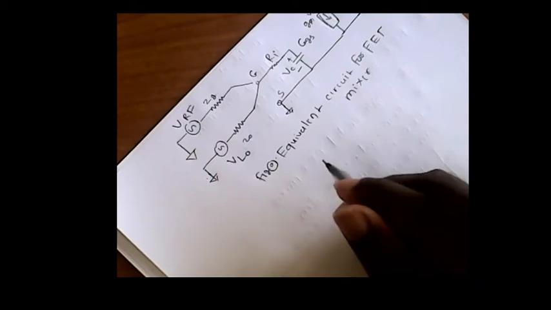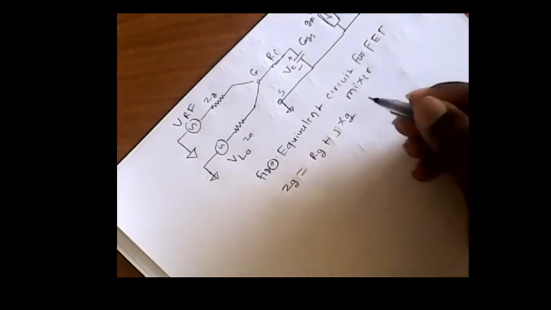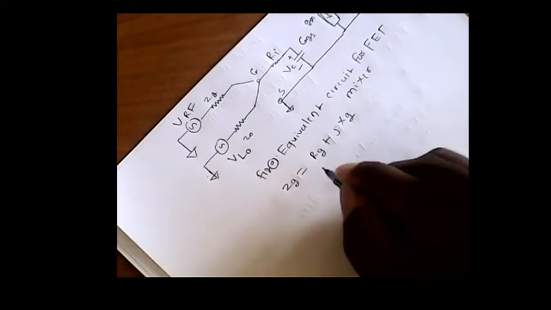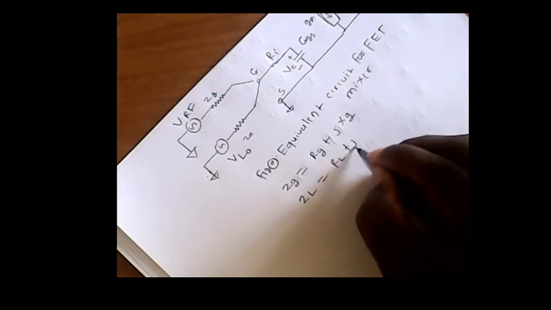Let Zg is equal to Rg plus j Xg, and the load impedance is equal to RL plus j XL.